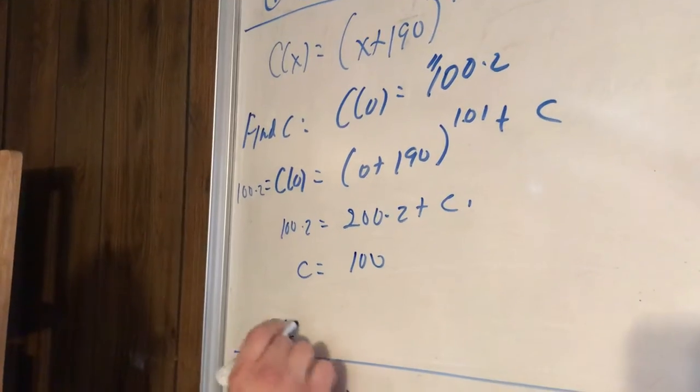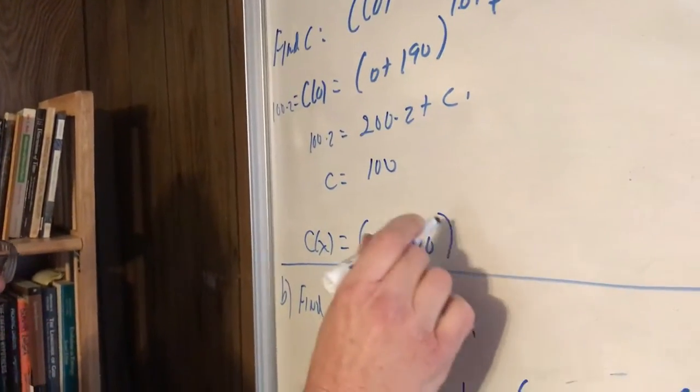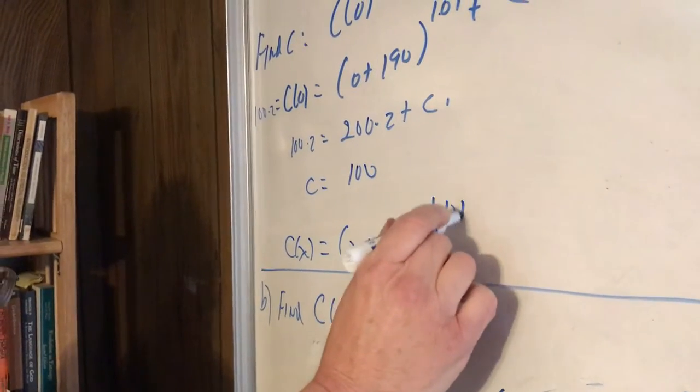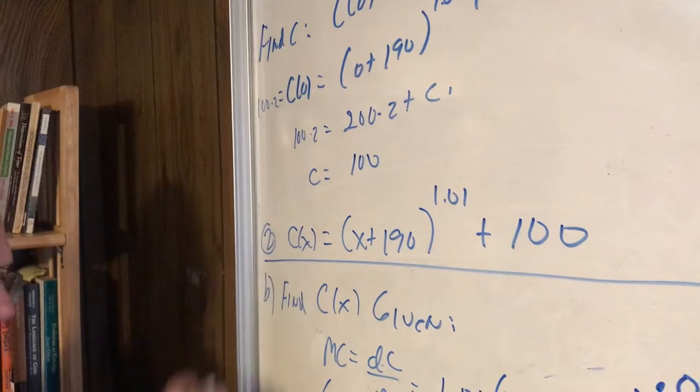And my C of x becomes (x plus 190) to the 1.01 plus 100. And I'll call that equation 2.